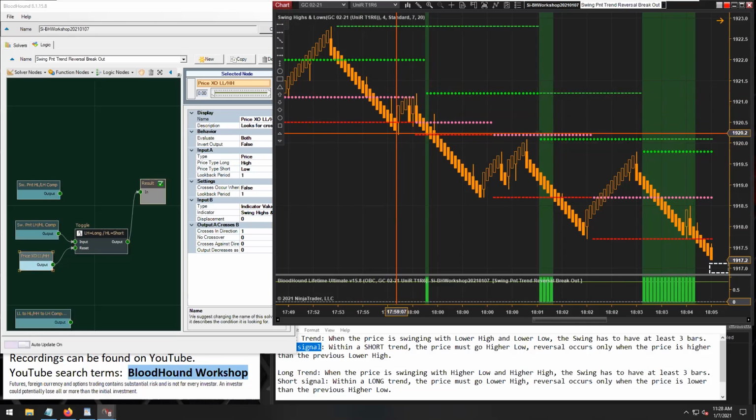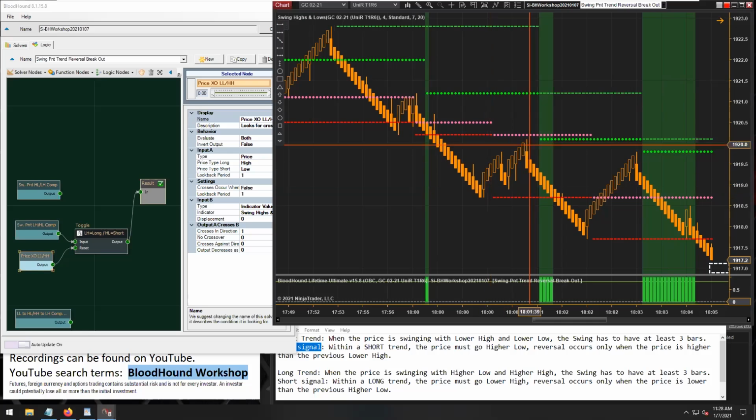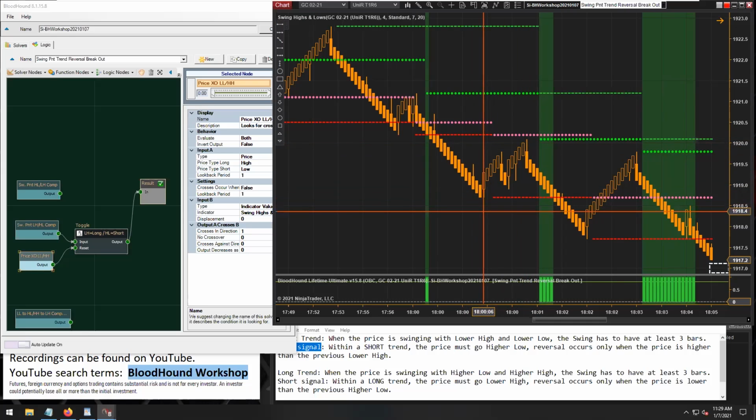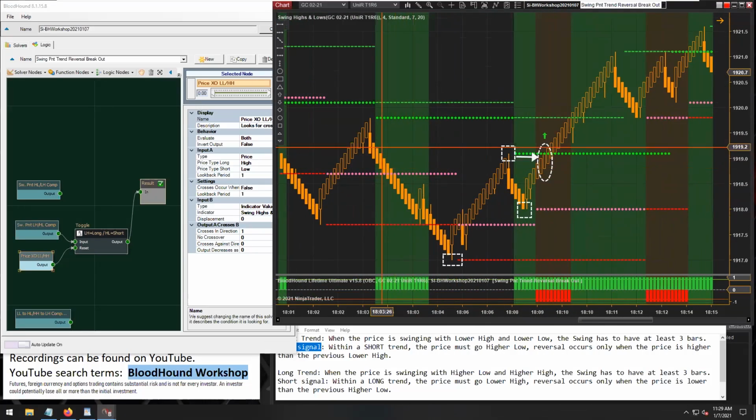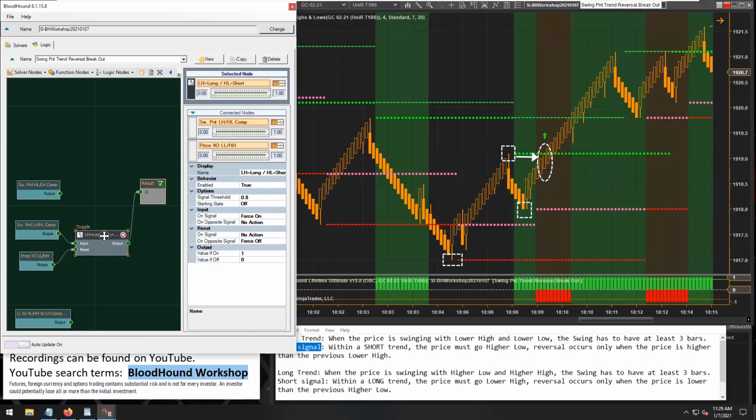You have a low point made before the lower high. So this toggle node is identifying the lower highs, and just the nature of a lower high requires a lower low. And then if price crosses that prior swing point, the toggle node turns off. So it seems like we might be able to boil all this logic down to just this toggle node. We'll test out a few ideas here.